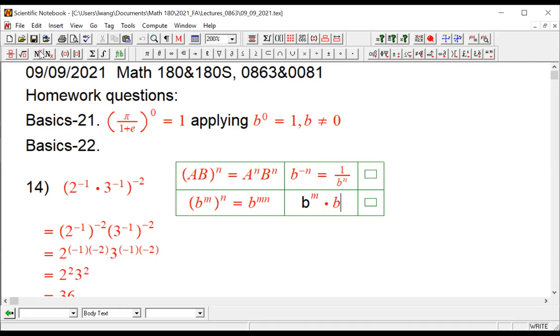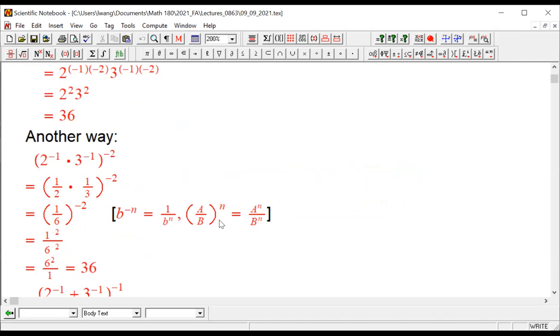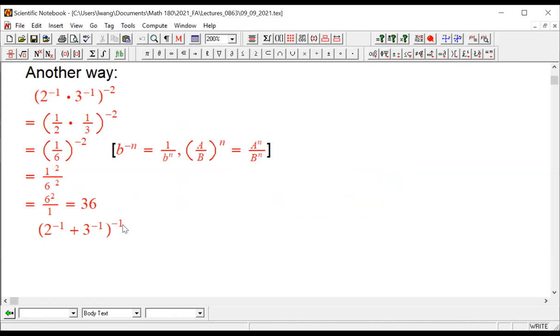If you have those properties in front of you, or you find any elementary algebra textbook, you will notice that they only apply to multiplication or division. So there's no such property that lets you apply this negative exponent inside. So what you have to do in this case is you're going to have to do this.